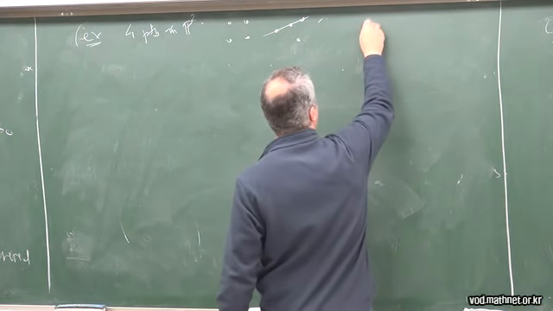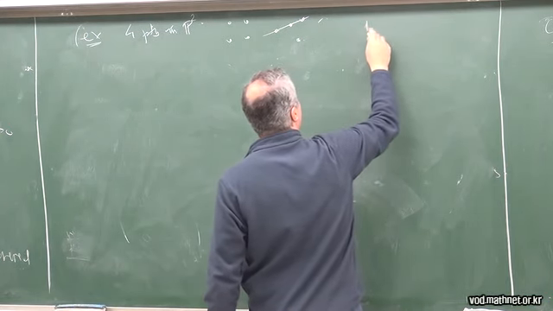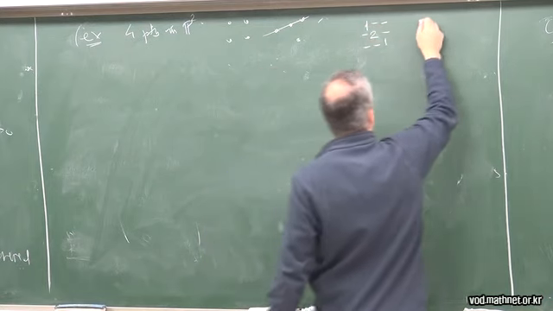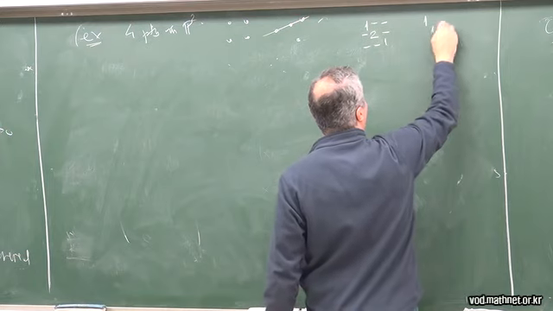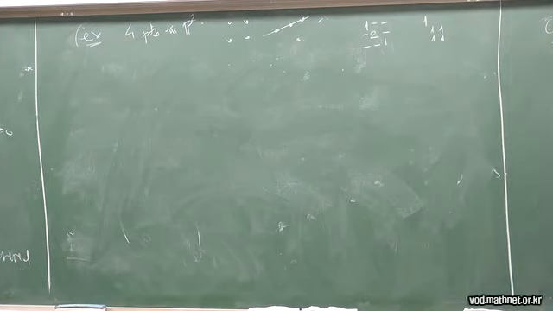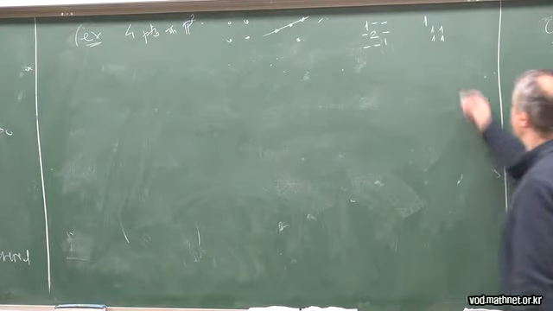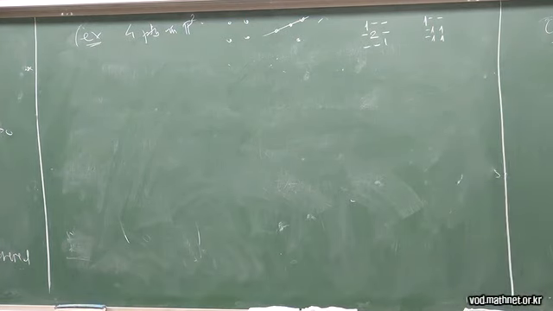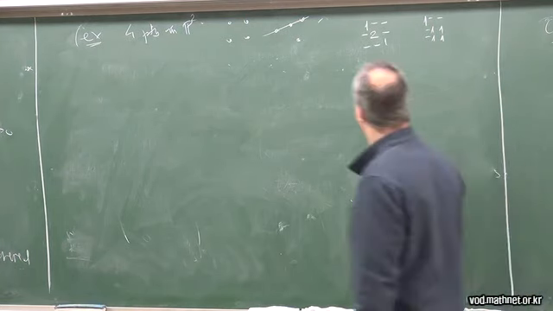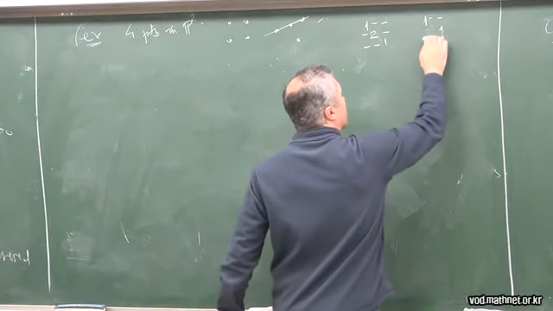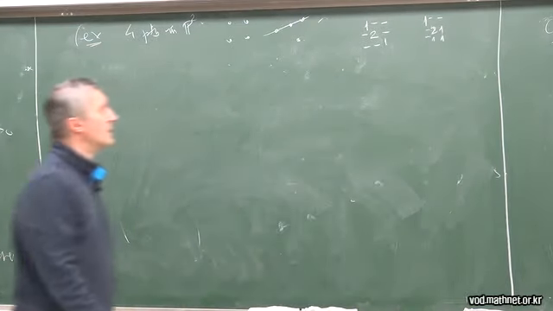In the first case, the Betti table looks like that, and in the second case we have 1, 1, 1, 1, 2. Sorry, that's not 1, it's 2. So there is a slight difference between the two cases.